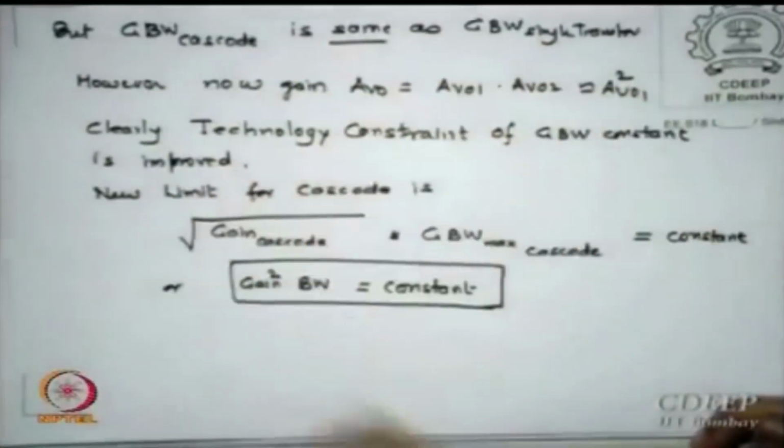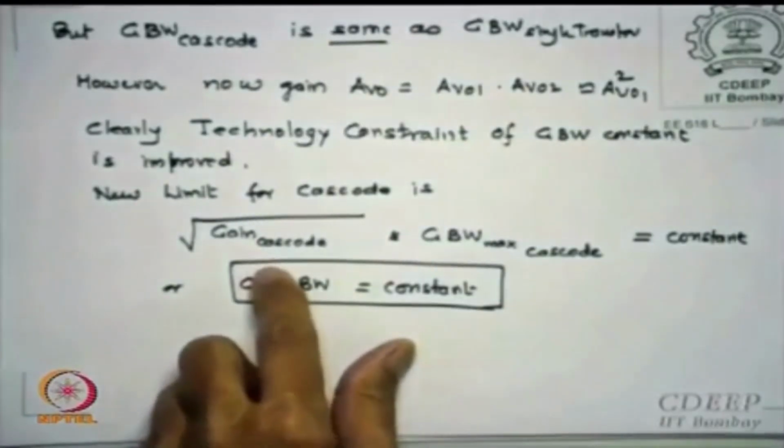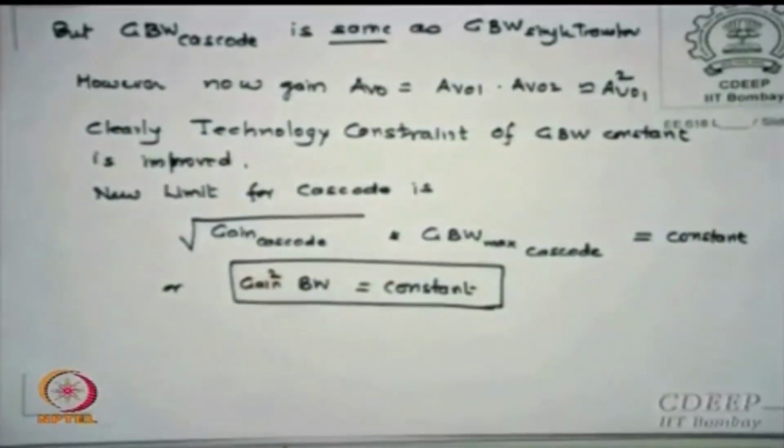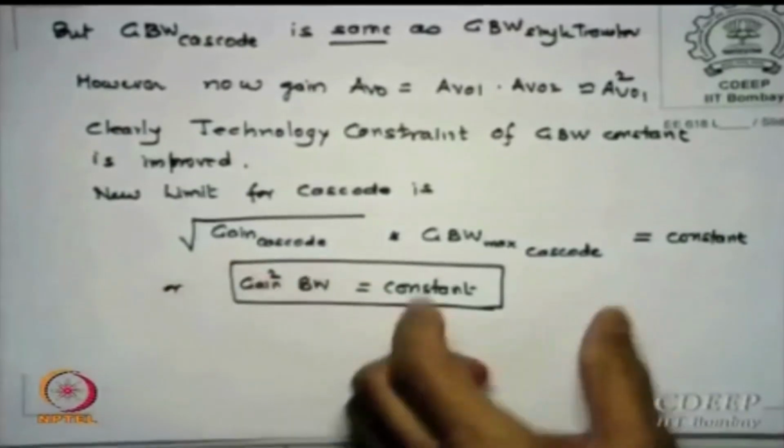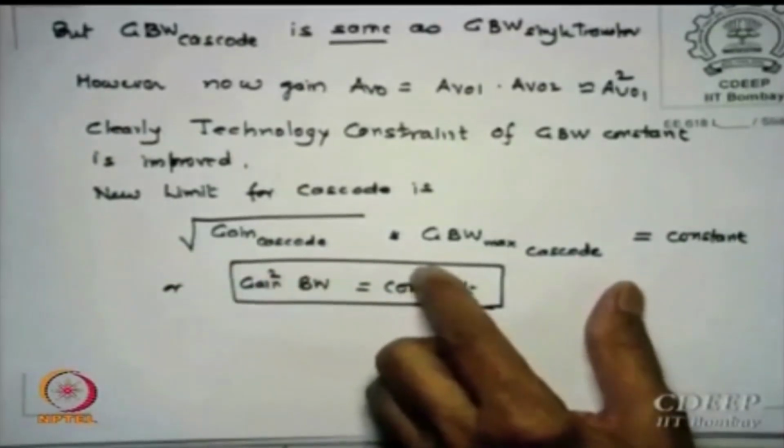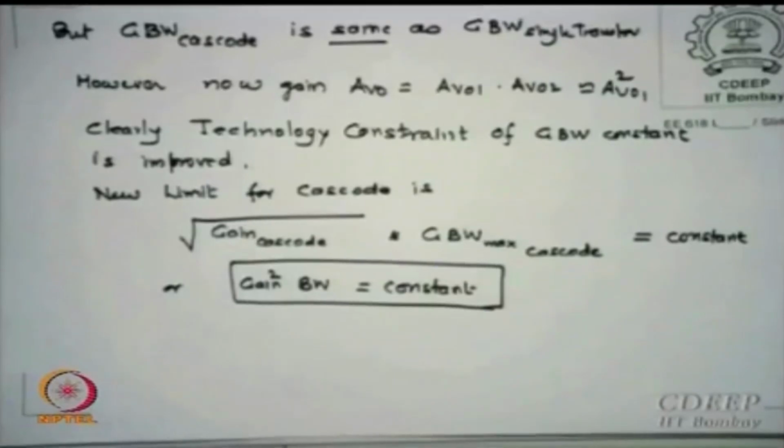Clearly the technology constraint is now new: it is the square root of the gain of cascode times the old GBW, which is now constant. Is that correct? Because the new gain is squared, in cascode the gain was squared, in single stage it was just gain, so equivalently it is the square root of the gain of cascode multiplied by the old GBW that is the new constant which you have got.